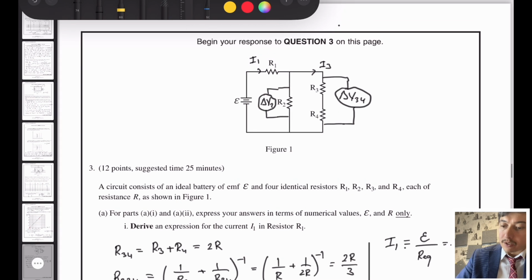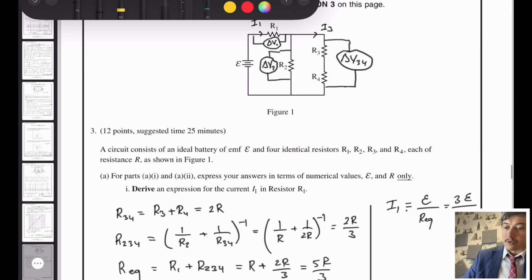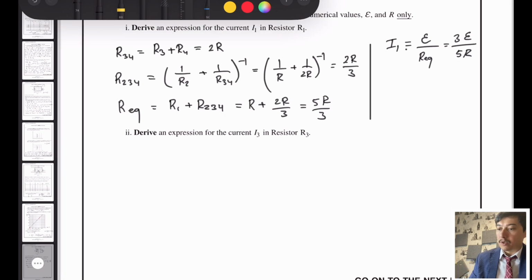And of course, the potential across R1 is going to be dV1. So we already know the current I1 and resistance R1, so we can start from there.